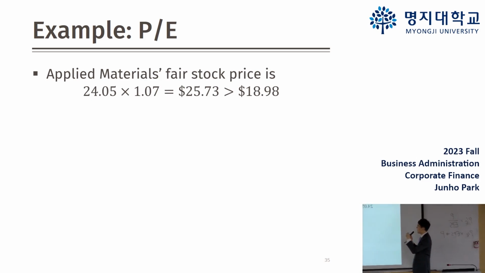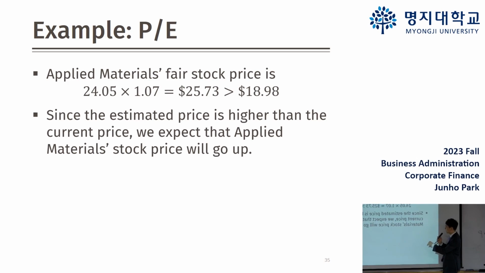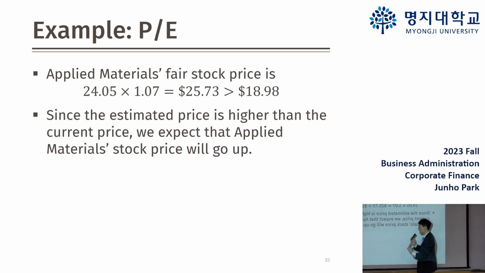So you can find that the current stock price in reality is only $19. However, your estimation, your prediction, is that the stock price is higher. Therefore, we can expect that the Applied Materials stock price will go up. So this is the stock price in the present, and this is your estimation about the future.